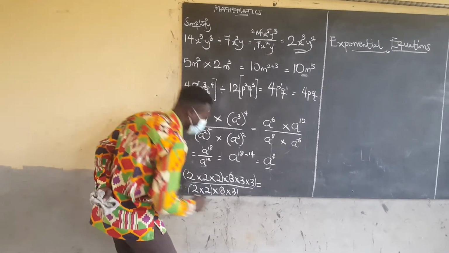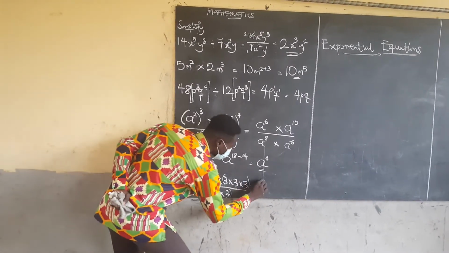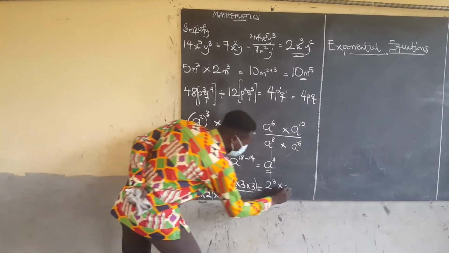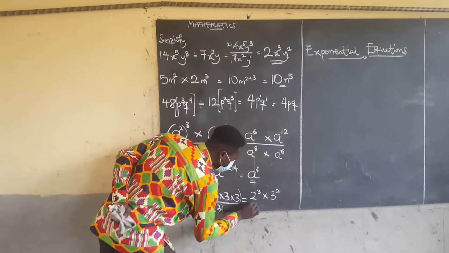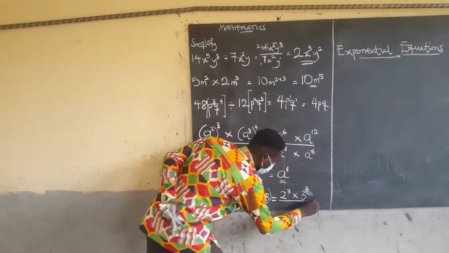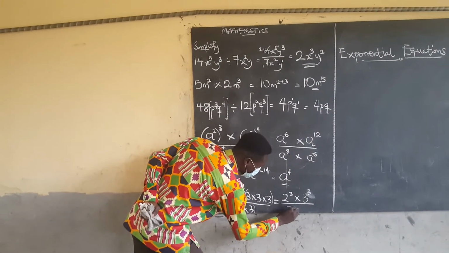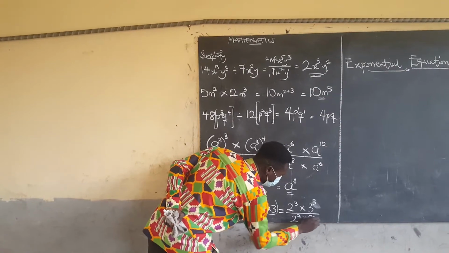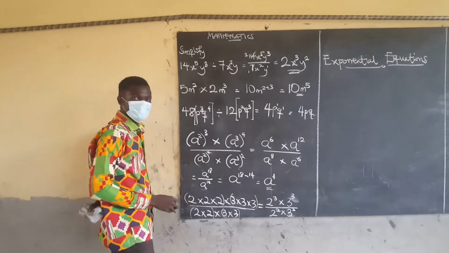So this will give me 2 raised to the power 3 times, sorry, 3 raised to the power 3, all over 2 raised to the power 2 times 3 raised to the power 2.